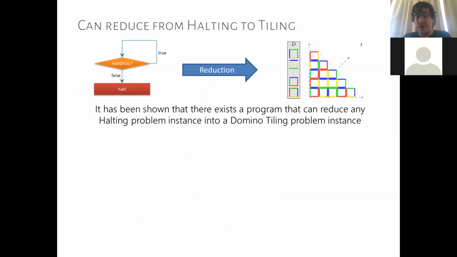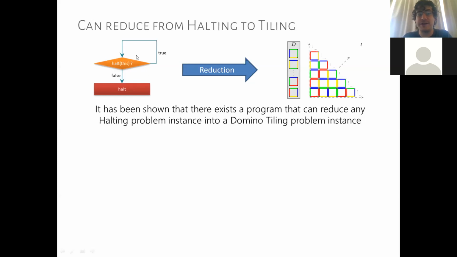Because it has been shown that if we could solve the tiling problem, then we could use that program to solve the halting problem. So we would say we reduce the halting problem to an instance of the tiling problem.